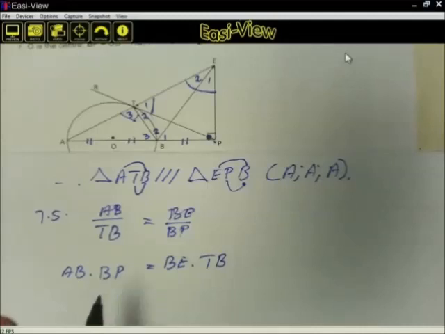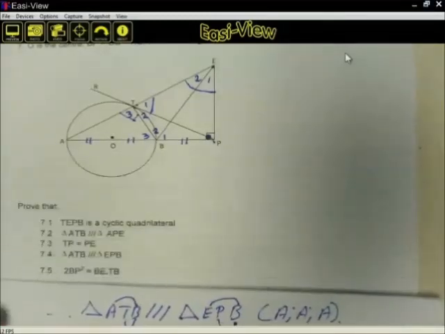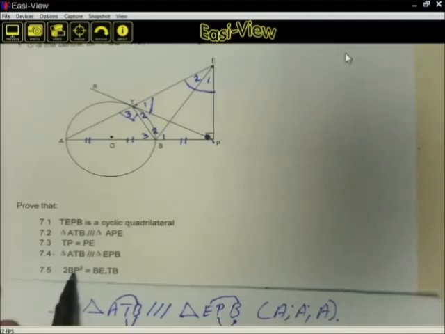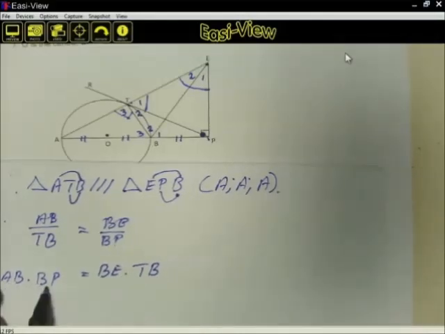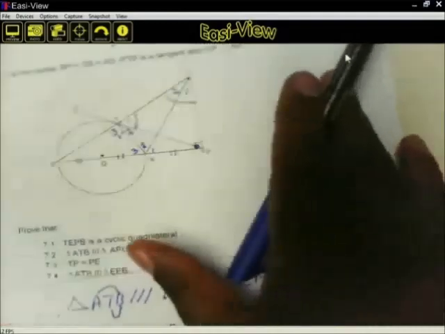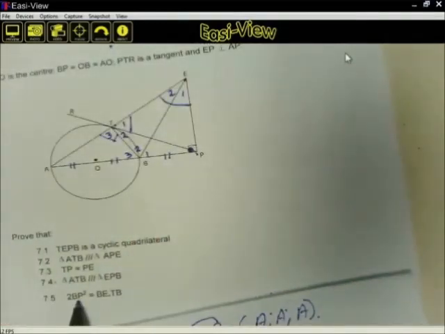We've got BP, and remember the required to prove part has BP squared. We already have BE multiplied by TB. But we've got AB and BP here. So everything must be expressed in terms of BP.